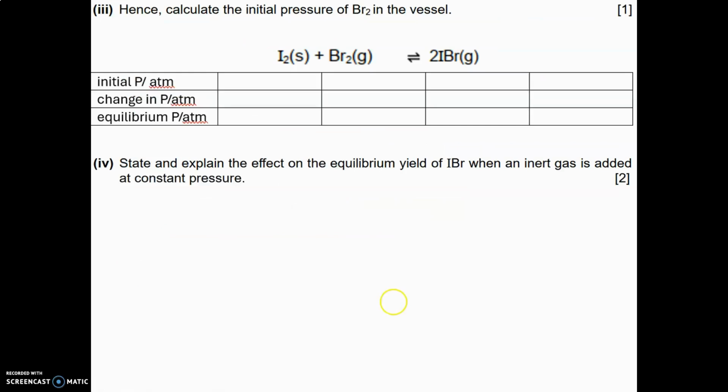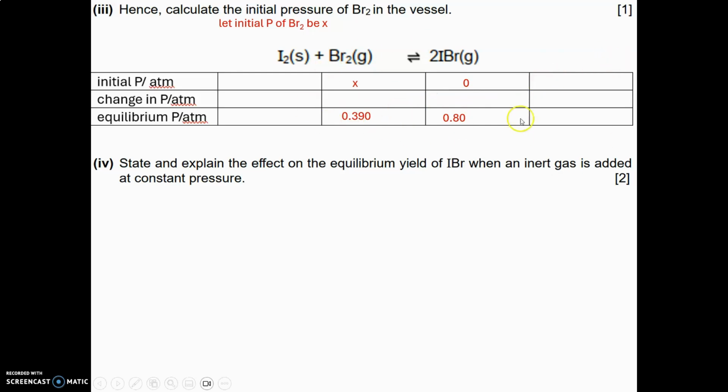Part 3, calculate the initial pressure of Br2 in the vessel. For this, I'm going to set up an ICE table and put in the values that I already know. The equilibrium partial pressure of bromine is 0.390. The equilibrium partial pressure of IBr is 0.80. And we let the initial pressure of bromine be X. We know that at equilibrium, there is no IBr present initially, which means that the initial partial pressure of IBr is 0.